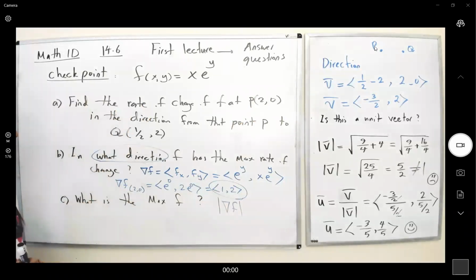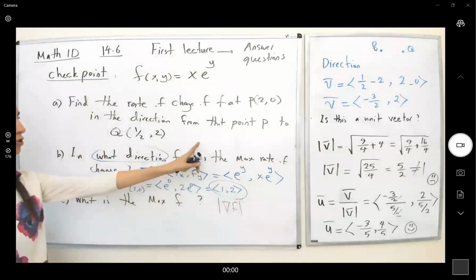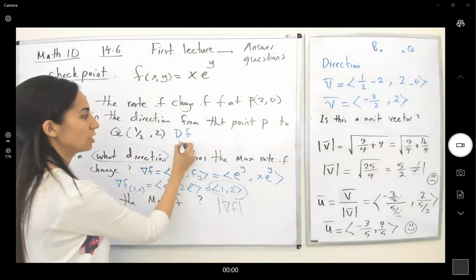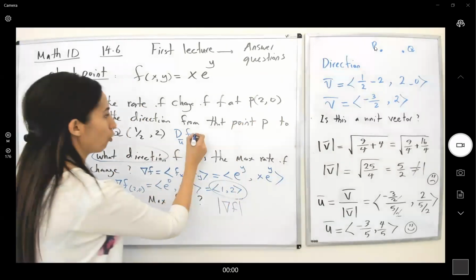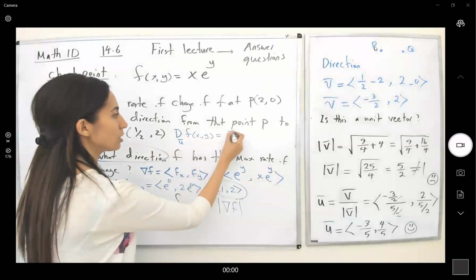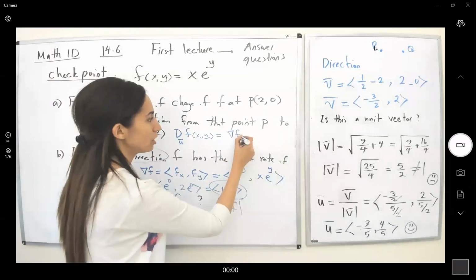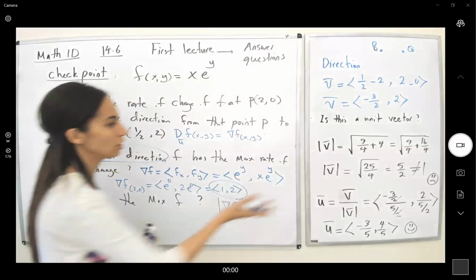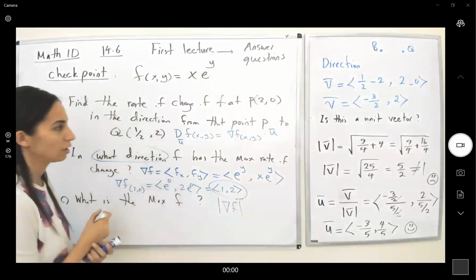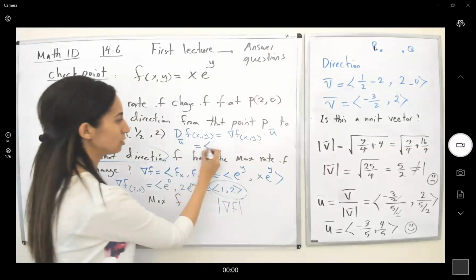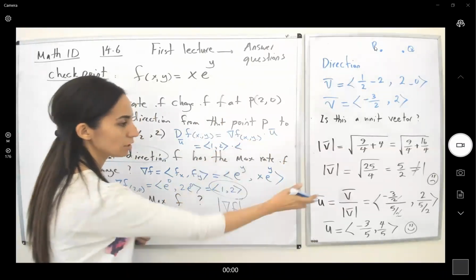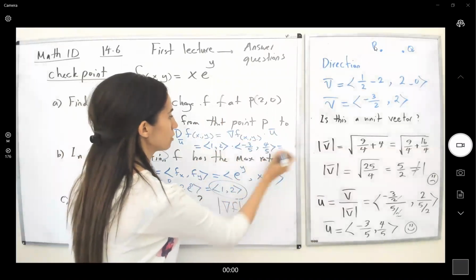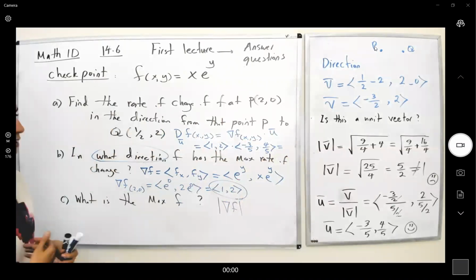It's a vector. Now I'm going to use what I learned in part B to answer part A. Why is that? Because the directional derivative of the function in the direction of u at the point (x0, y0) is the gradient of f at that point dot product with your u. So this is equal to (1, 2) dot product u, (-3/5, 4/5). Okay, so I'm going to erase this part.